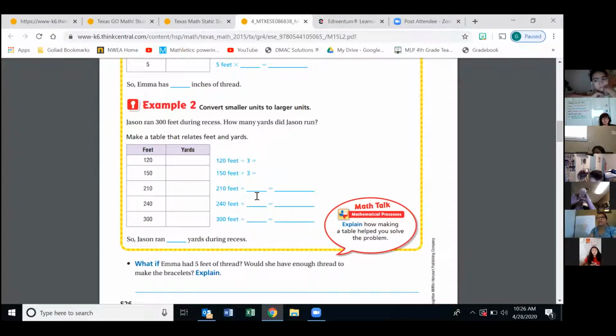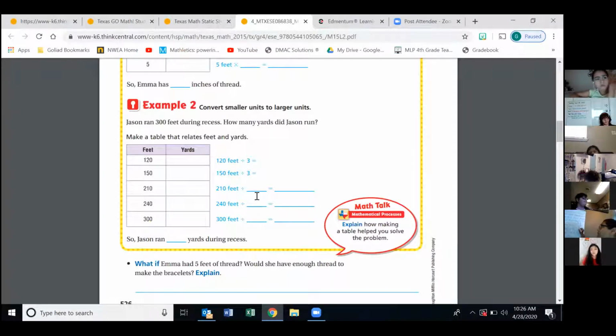I don't know if you can see it if I'm too far. Can 3 go into 1? No, but can it go into 12? Yes. Show me with your fingers how many times. How many times can 3 go into 12? Good job, Layla. I saw you, 4.